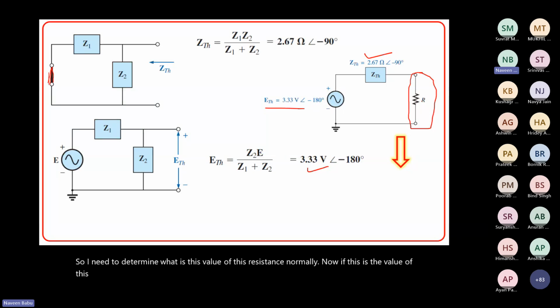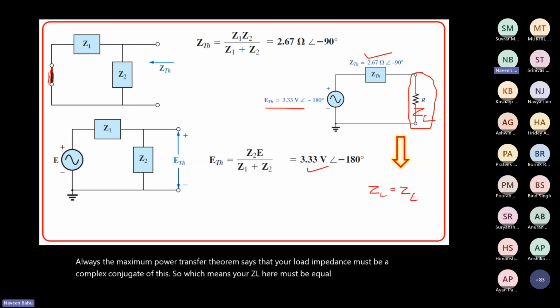Now we will no longer call it a resistance; we will call it a load impedance. The maximum power transfer theorem says that your load impedance must be the complex conjugate of this. Which means your ZL here must be equal to the complex conjugate of the Thevenin impedance, which is ZTH conjugate. Right? So we'll come back to that later.